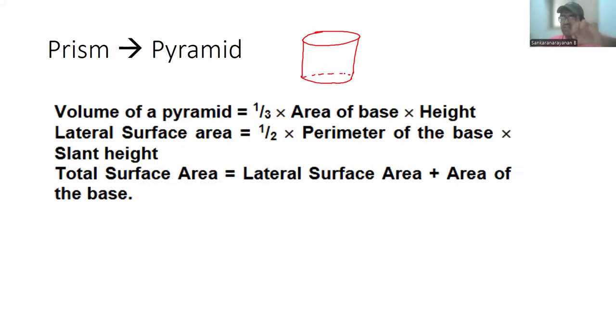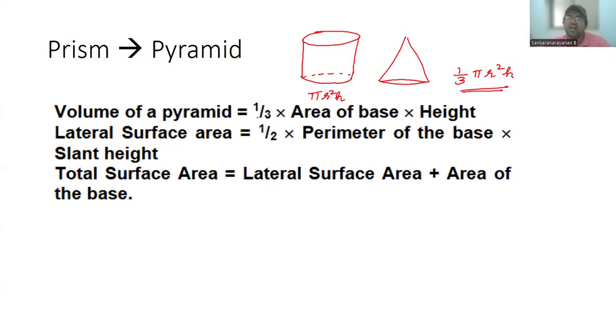From that cylinder, if I carve out a pyramid, the shape will look like this, right? And it is nothing but a cone. So the volume of the cylinder is pi r square h. That's the volume of a cylinder. Volume of the cone, what will it be? It will be 1/3 pi r square h.